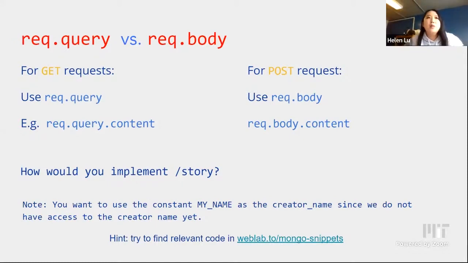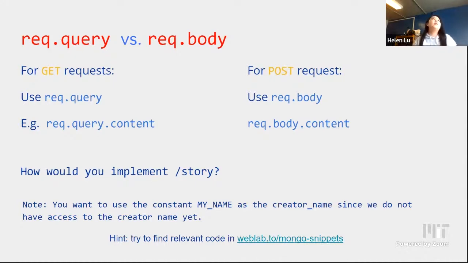So, a brief digression. We want to differentiate between req.query and req.body. What this means is that GET requests and POST requests take data from different places. GET requests take data from req.query. So the parameters that are specified in the GET request will be in req.query.